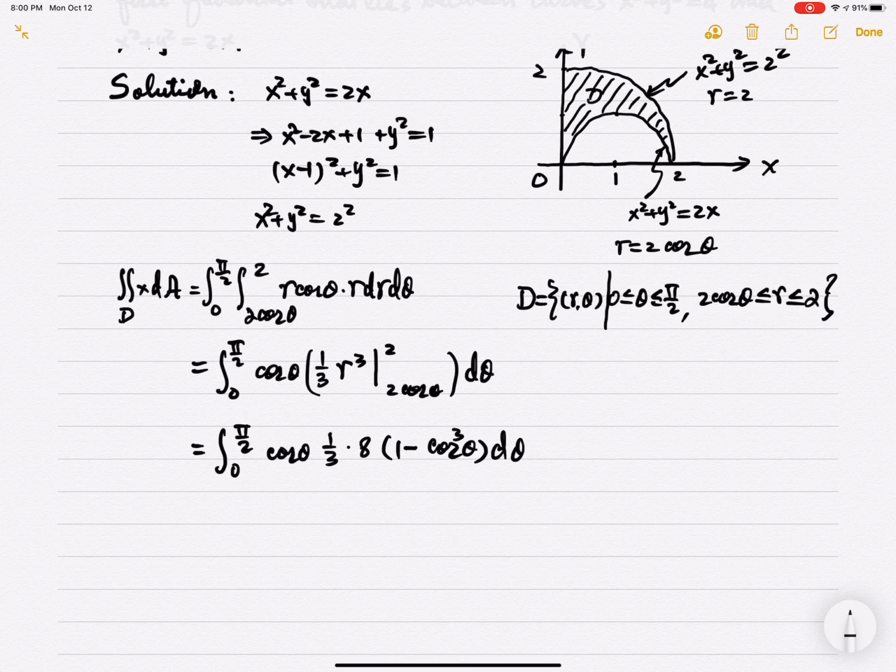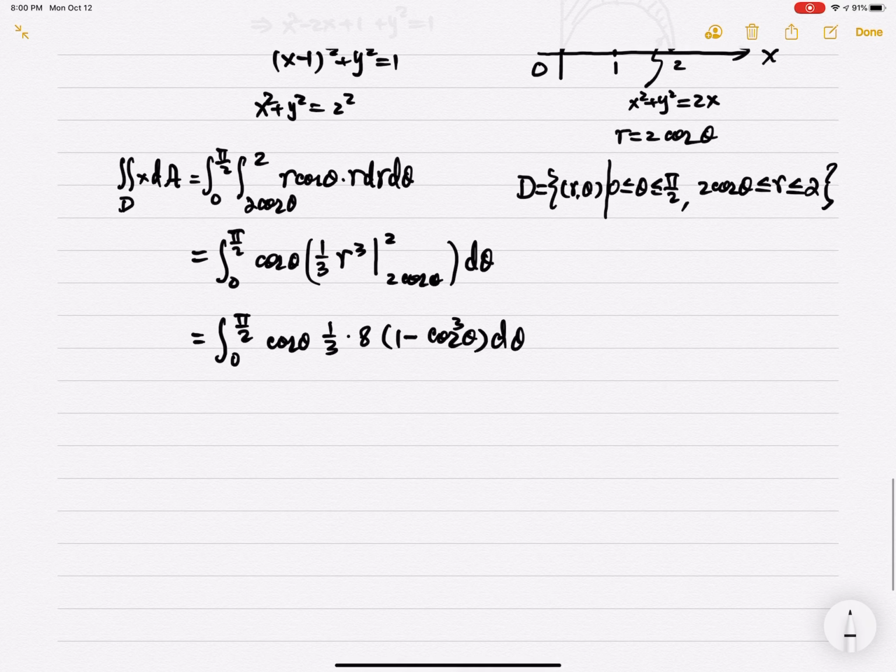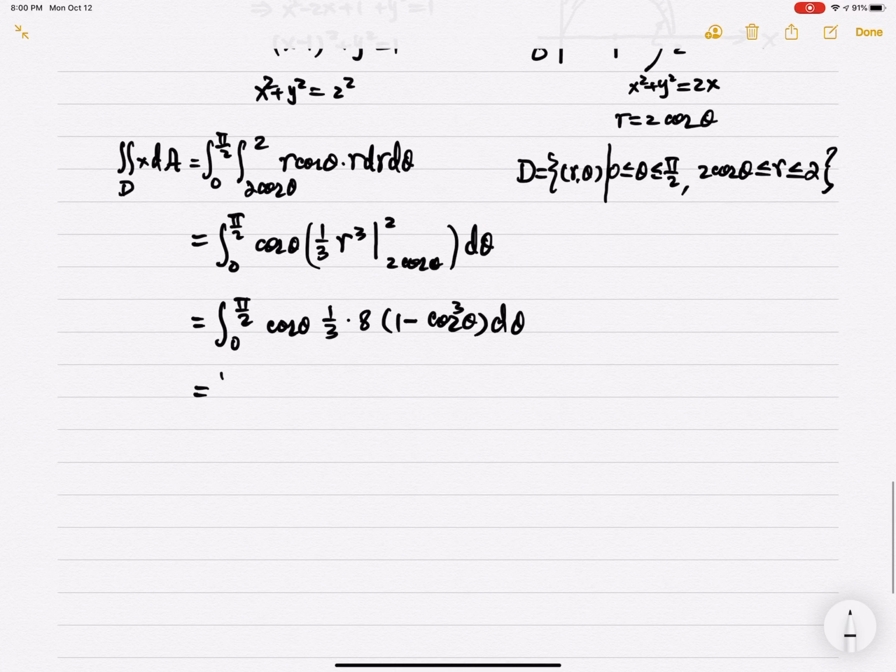Now a third will move out. The first term is cosine theta, the antiderivative is sine theta, plug in pi over 2, 0.